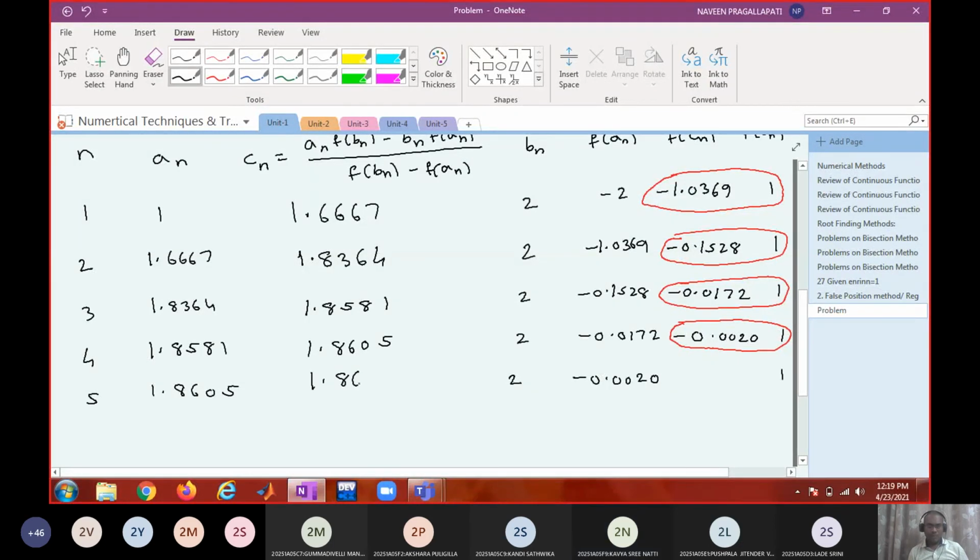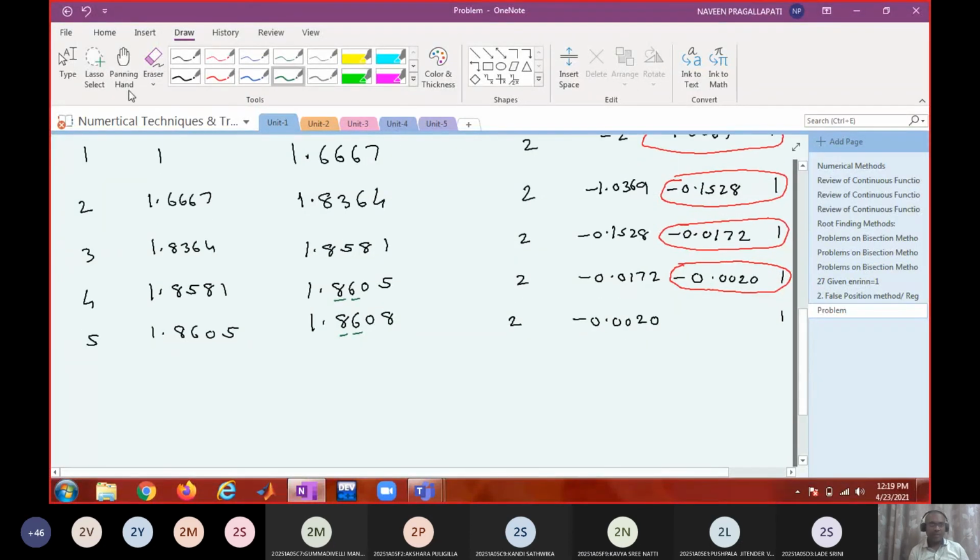1.8608. Okay, now we got the desired level of accuracy. Two decimals are equal in two consecutive approximations.